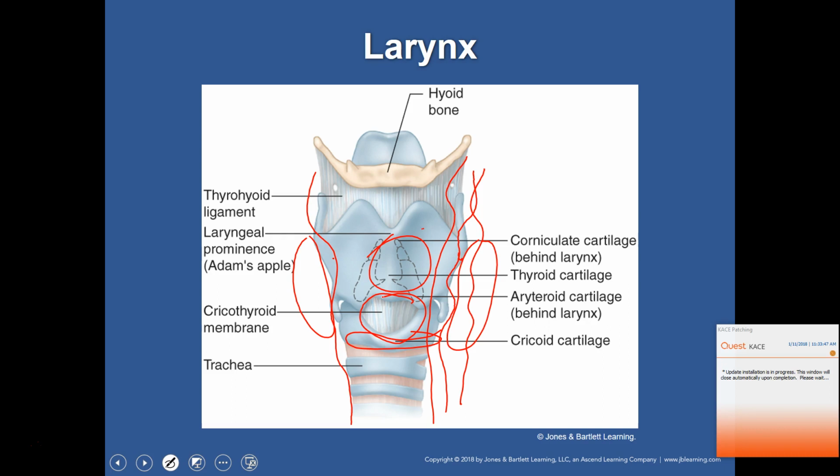Most of the time we do a surgical cric, which means we're going to take a scalpel and we're going to make a cut in here and then we're going to poke through that membrane. What oftentimes we see an inexperienced person do is when they take that scalpel, they want to cut across this way, like that, and then open the skin back and poke through that membrane.